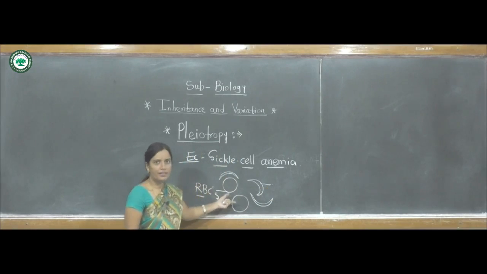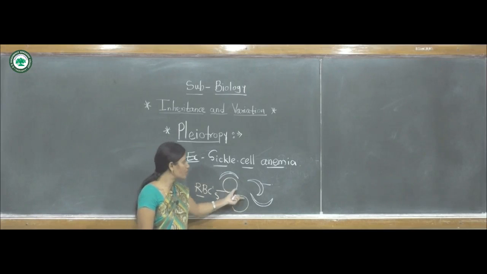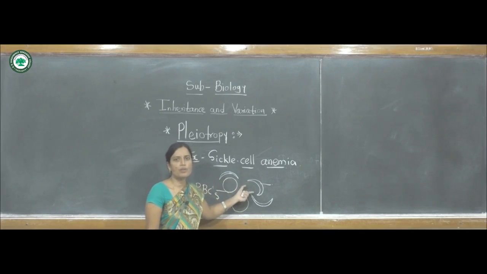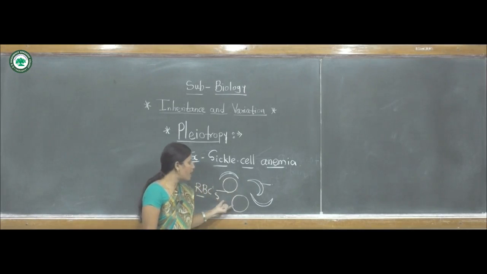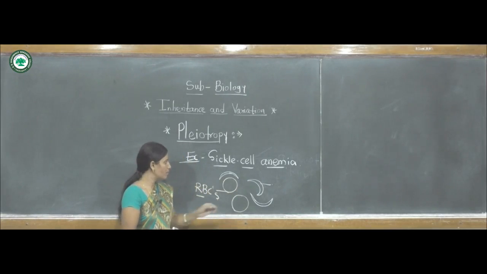This anemia disease affects the human blood, and here the RBC shape causes the anemia.